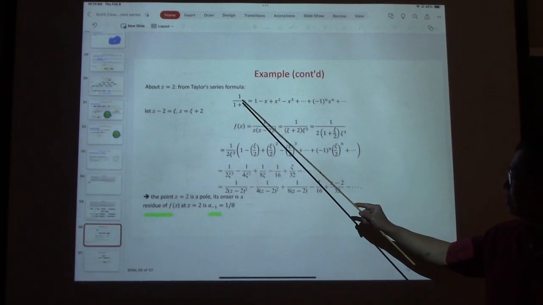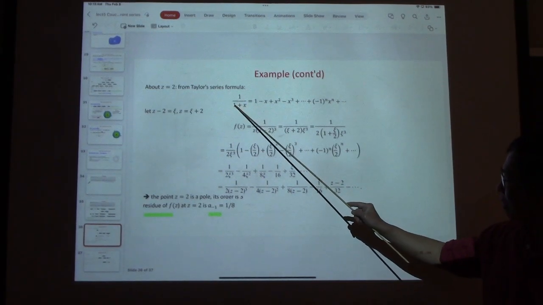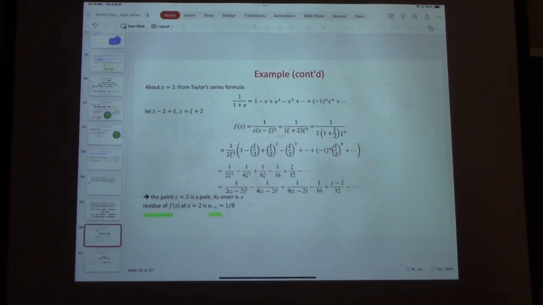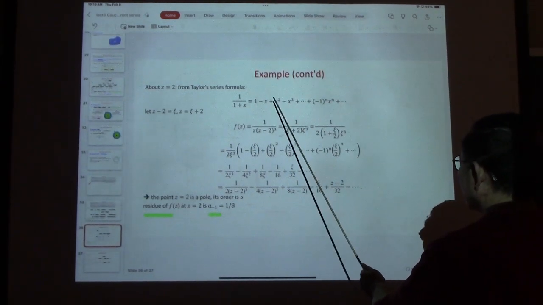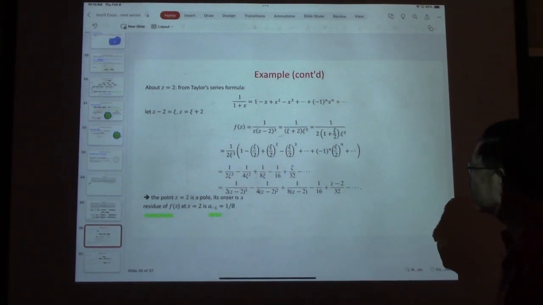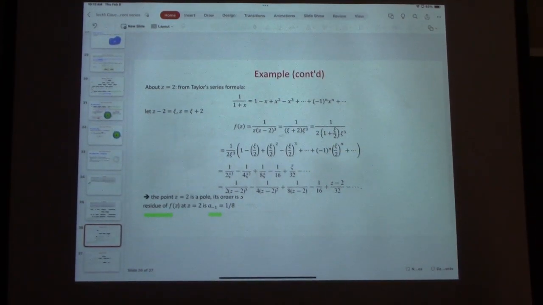Remember, 1 over 1 minus x is the sum of x plus x squared plus x cubed. But if it is plus, then the odd terms will be negative and the even terms still positive.